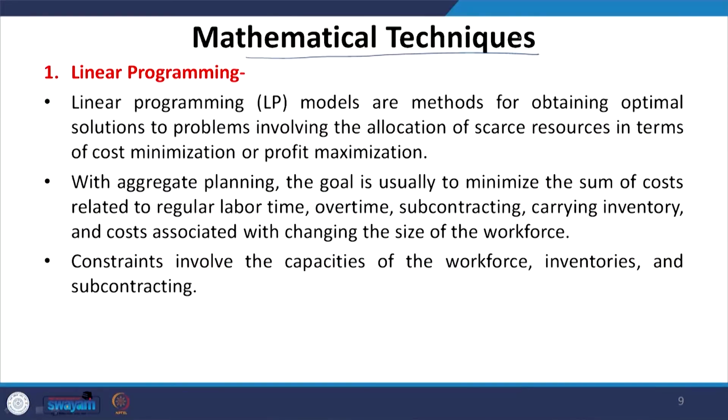Now, this was a trial and error method. The other method is the mathematical technique. In mathematical techniques, it is quite possible that we may develop a more accurate solution. Accurate means the optimal, that means the best solution for the particular situation, because here we take only a limited number of inputs and compare only those.